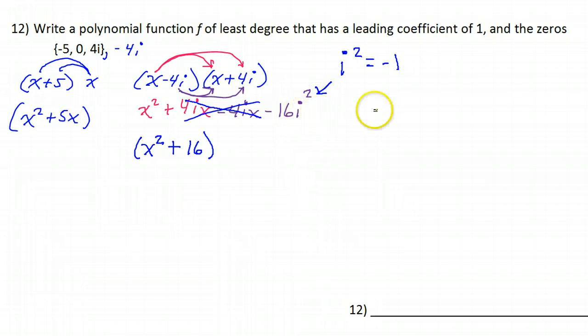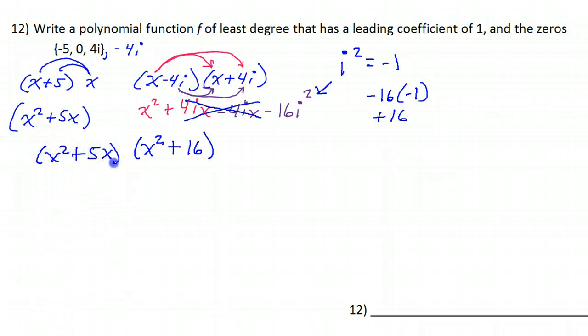So what I really have is negative 16 times negative 1, and a negative times a negative is a positive. So that's why this is positive 16. So what I really have is x squared plus 5x times x squared plus 16.